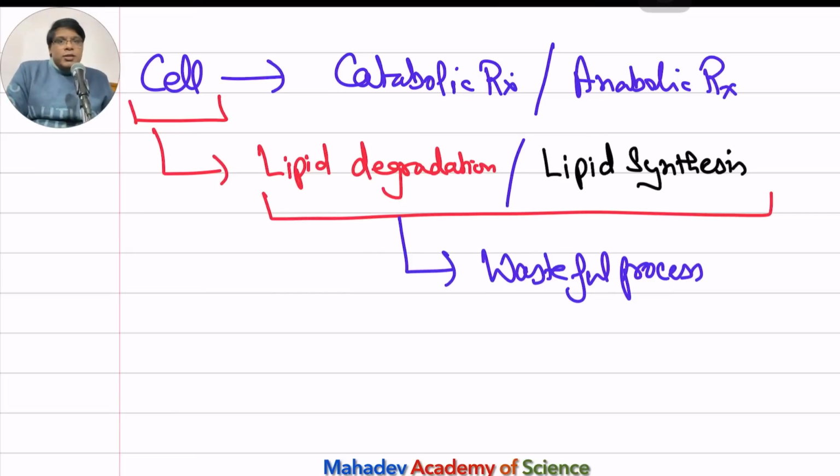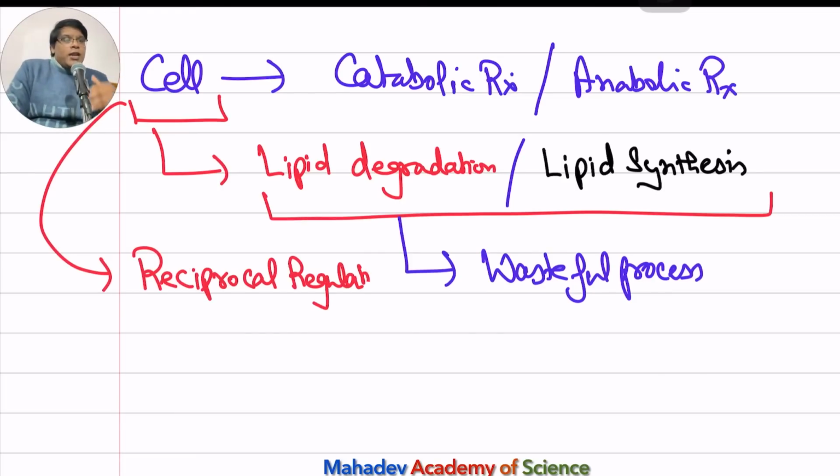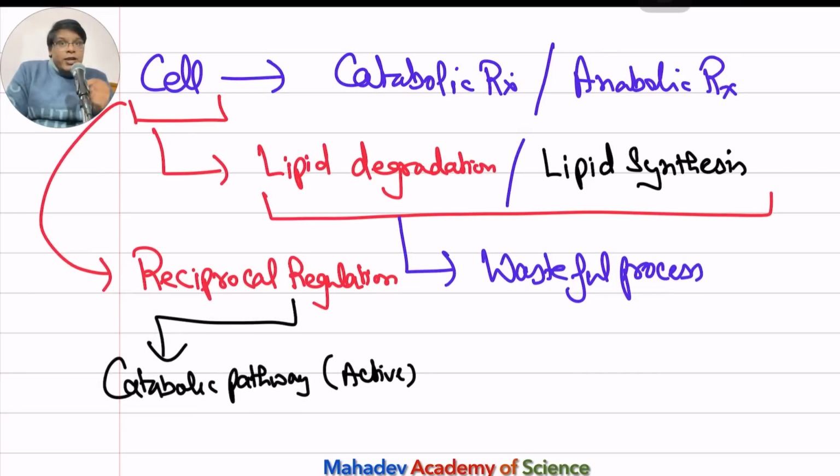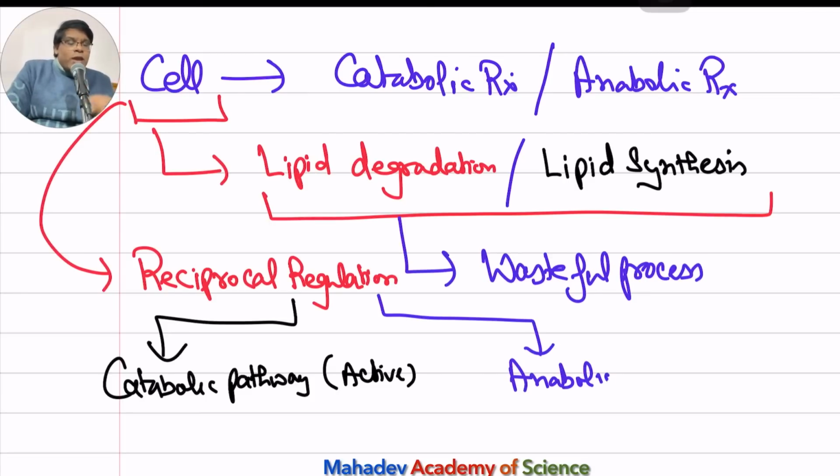Now keep in mind, the cell is going to regulate these catabolic pathways and anabolic pathways in a reciprocal manner. If catabolic pathways are active within the cell, during that time anabolic pathways will be inactive.